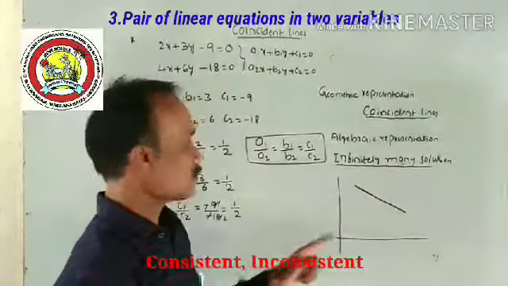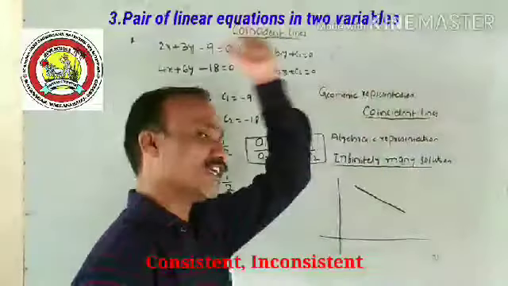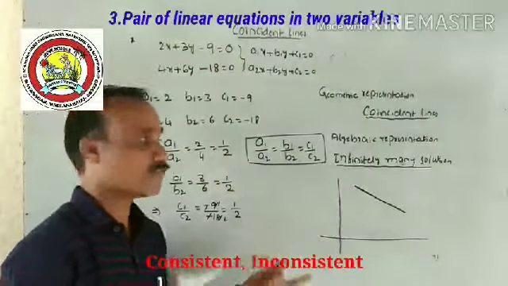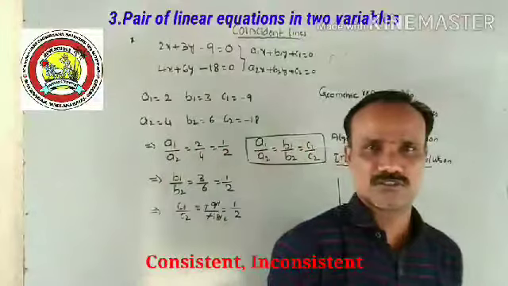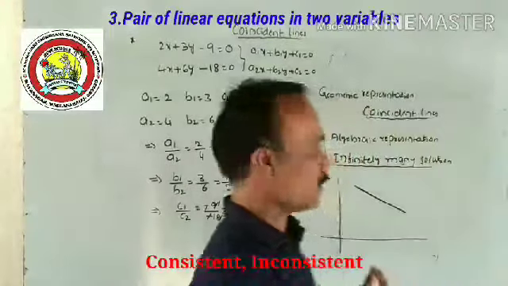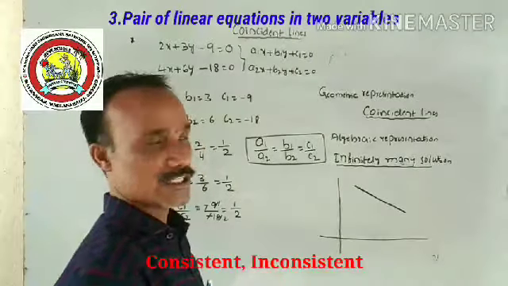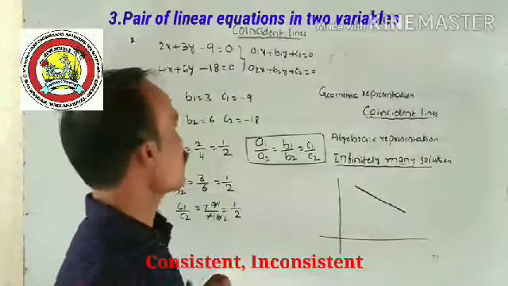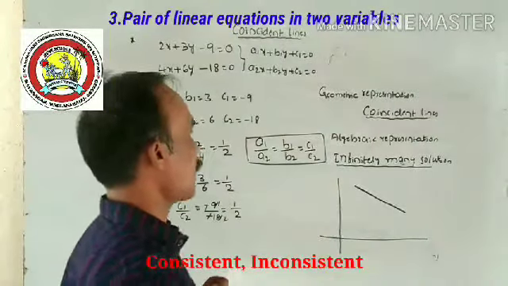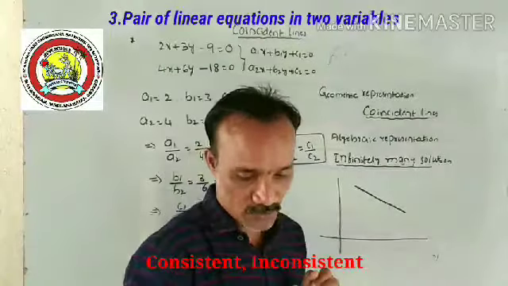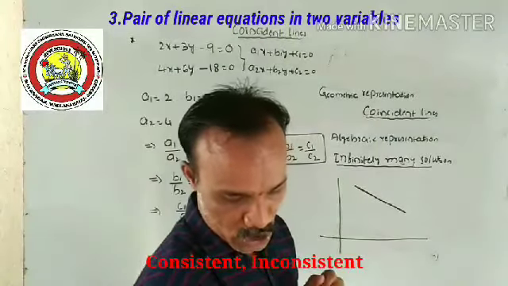So algebraic representation: infinitely many solutions. We cannot find a single solution. Then graphical representation: coincident lines. So this is case number 2, coincident lines. It has infinitely many solutions.